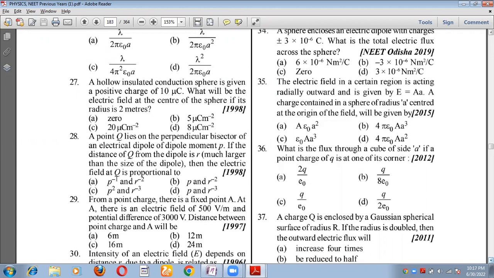I want an answer from each of you. We have to find the electric field on the perpendicular bisector of a dipole.